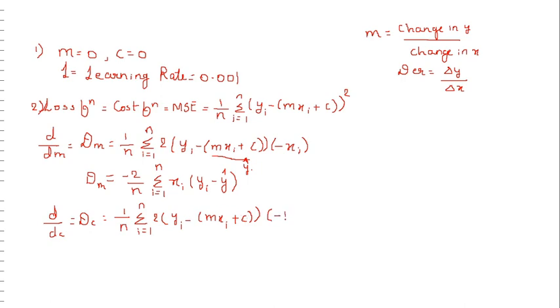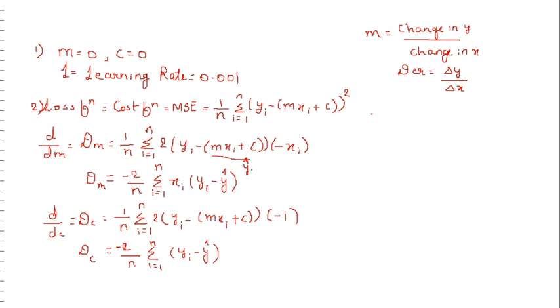Minus sign, minus 1. So simplifying the derivative further, I get minus 2 by n summation i goes from 1 to n, yi minus y hat. So we have simplified dm as well as dc. This is our step 2.